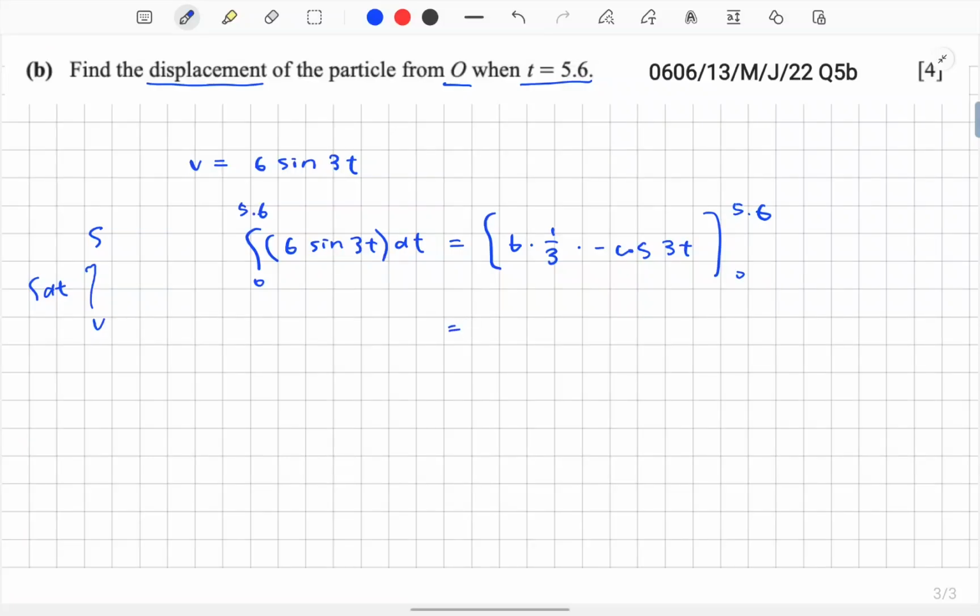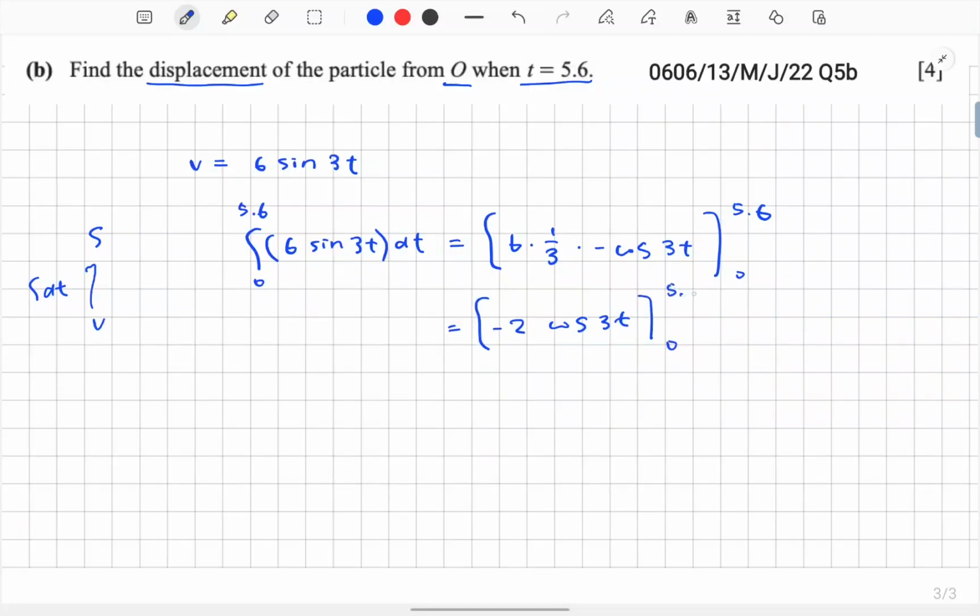But before putting the numbers in, I want to simplify this a bit to make everything easier and try to prevent mistakes. 6 times 1/3 times -1 is -2. So the entire thing is -2 cosine 3t.